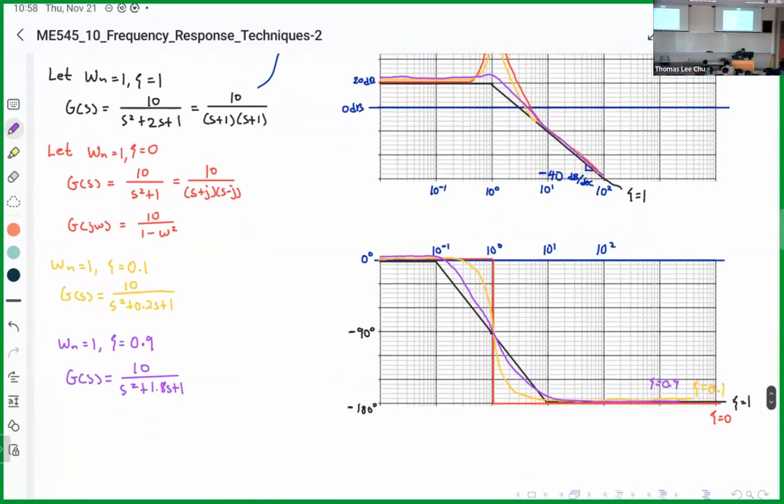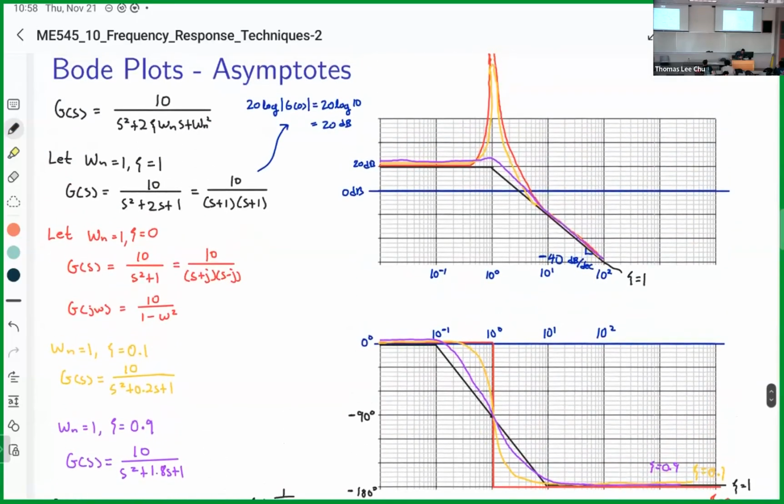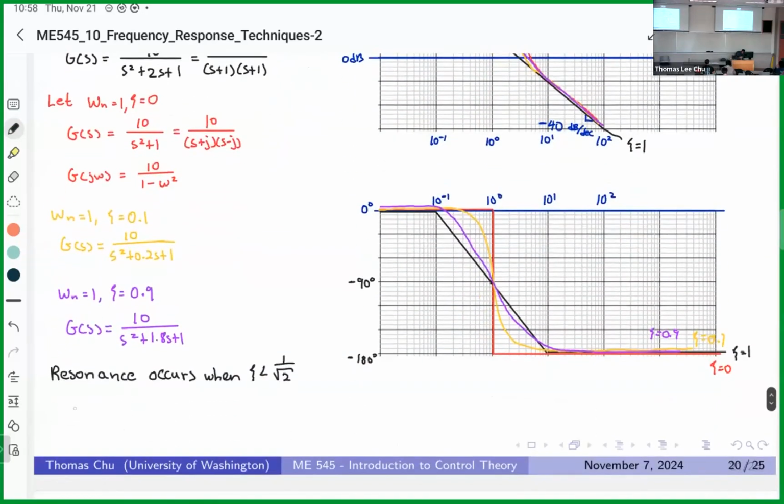So this bump here that you see is called resonance. Resonance only occurs when the damping ratio is less than 1 over root 2. When there is a resonance, this peak here, which is called the resonance frequency, omega R, is actually not the natural frequency.